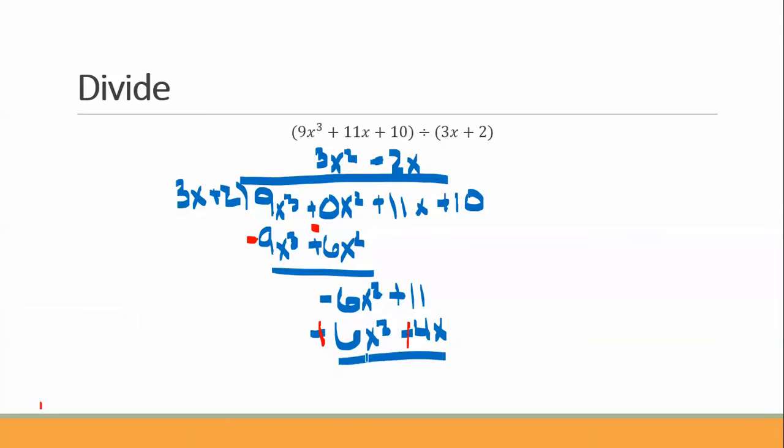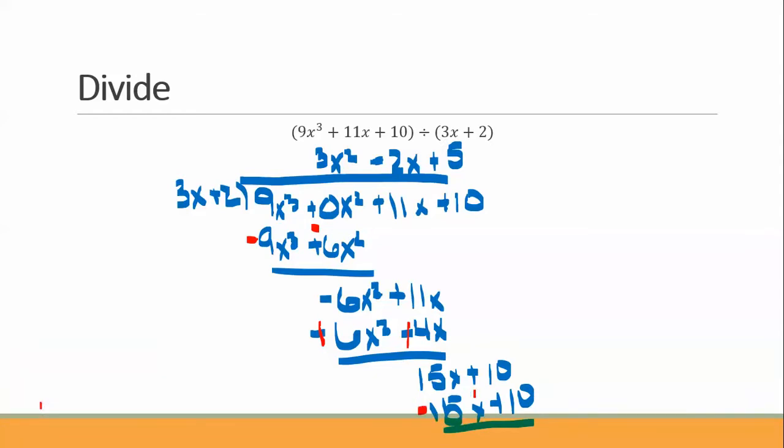So we change our signs. So that cancels out, and we have 15x. Bring down our plus 10. 3x goes into 15x plus 5 times. So then, multiply down, we have 15x plus 10. And we're subtracting.